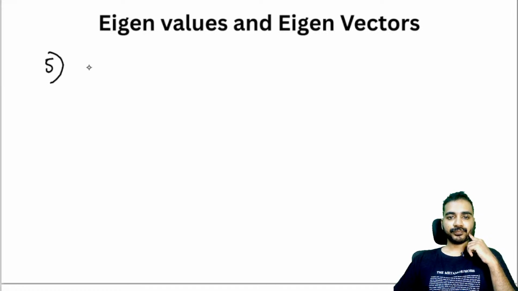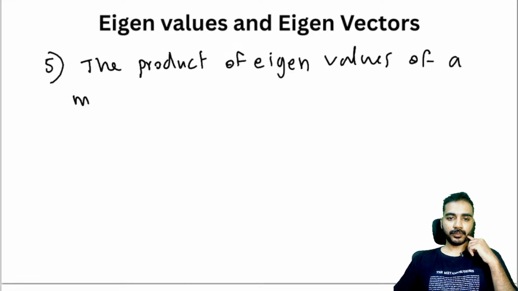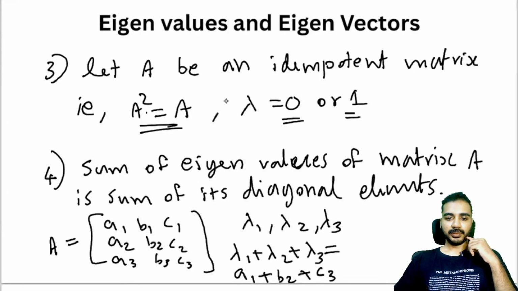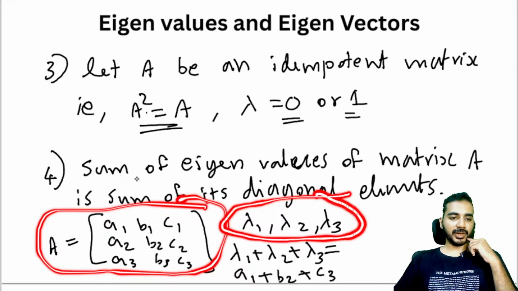So the fifth property is, the product of eigenvalues of a matrix A is equal to the determinant of A. Okay, in the previous example, let's say we have considered this matrix A and its eigenvalues are lambda 1, lambda 2, lambda 3.